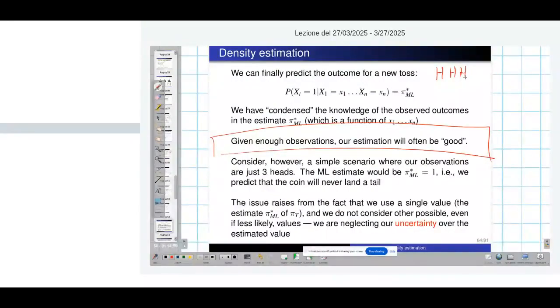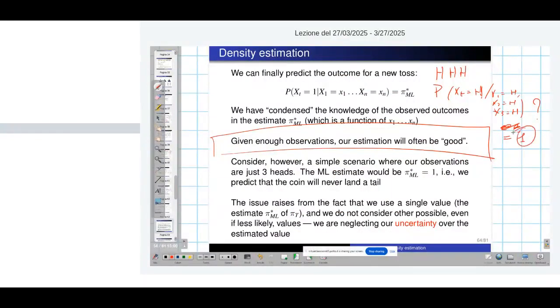What would be the probability that the next toss is head according to the model that we just described? It would be 1. Why?